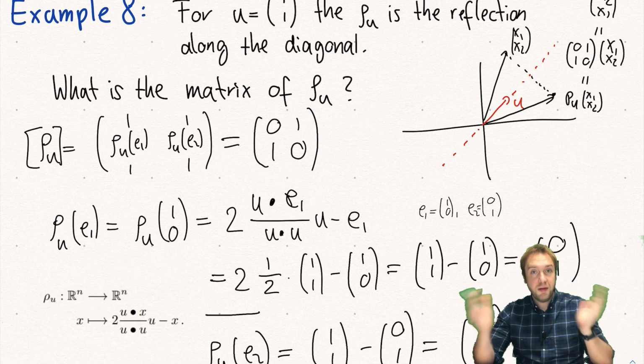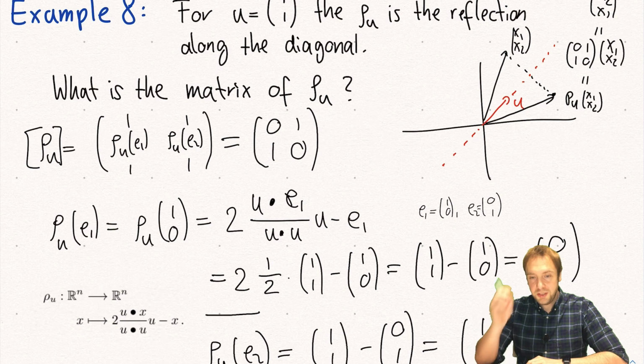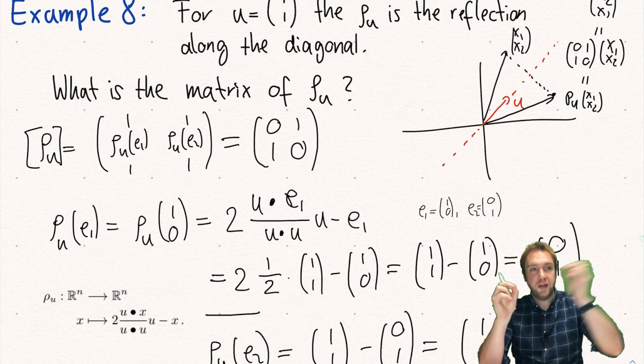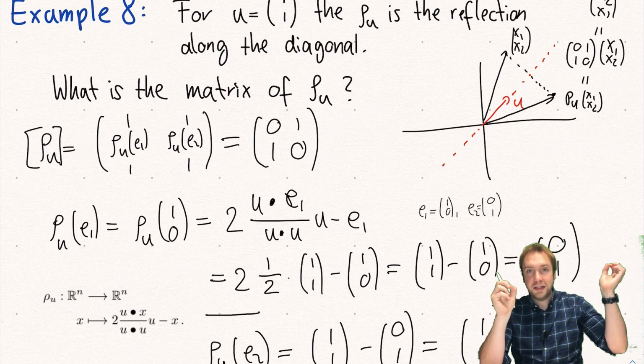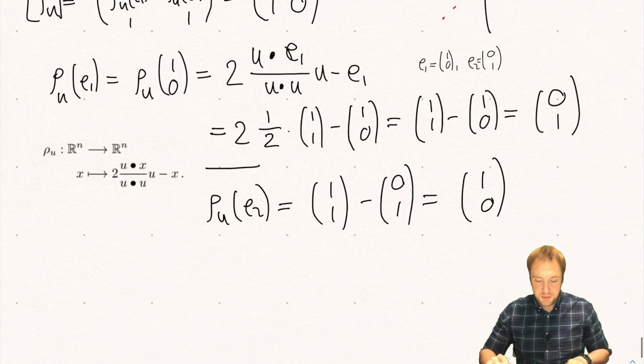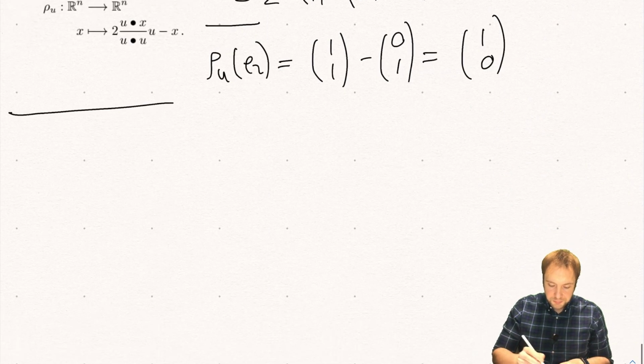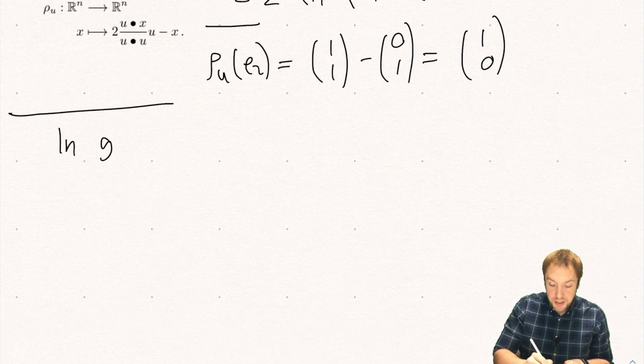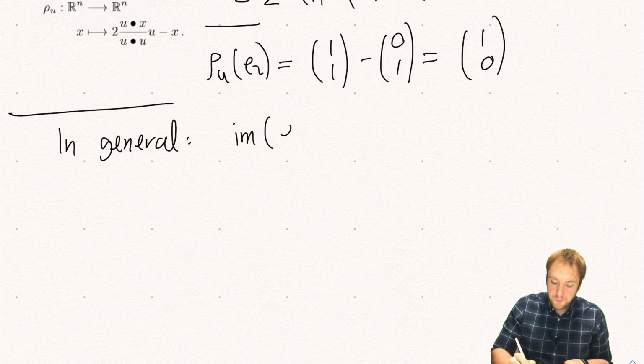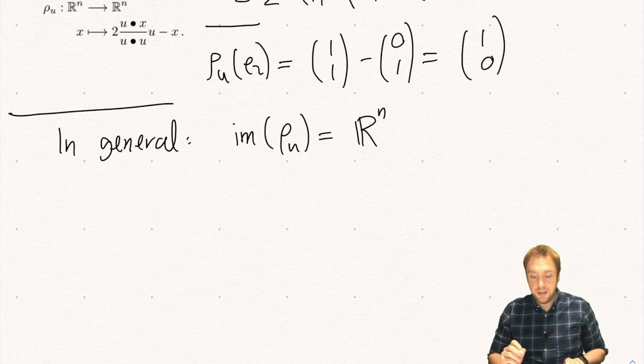So the image is everything, because each vector we can reach by the vector which is on the other side of the line. So in general, for any n, the image of rho u is always everything, R^n.